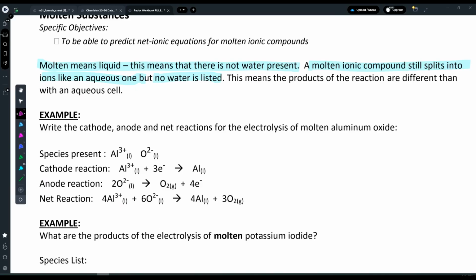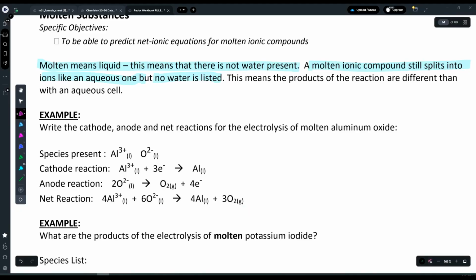Remember, when a substance dissociates, you're only ever going to have two products, the cations, the positive ions, and the anions, which are the negative ions. Okay, so species present, we have aluminum ions and oxide ions. The cathode reaction is going to be aluminum, whereas the anode reaction is going to be the one with the oxide ions. So our net reaction is as follows.